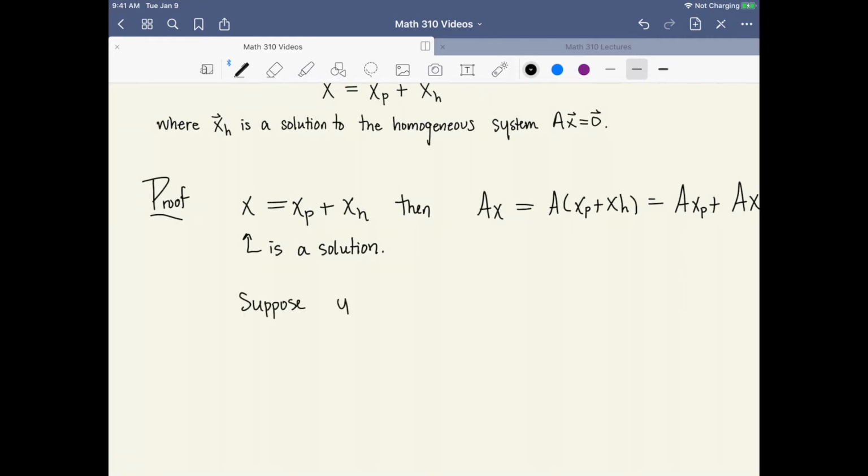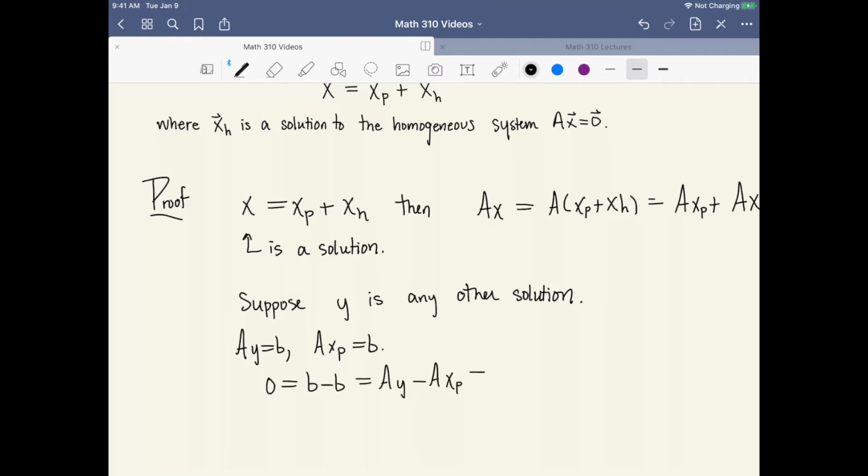Now, why is any other vector that solves the equation of this form? Suppose y is any other solution. Since y is a solution and xp is a particular solution, we have that Ay is equal to b and Axp is also equal to b. So that means we can take their difference and get the 0 vector. 0 is b minus b, and that's Ay minus Axp, which is the same thing as A times the vector y minus xp.